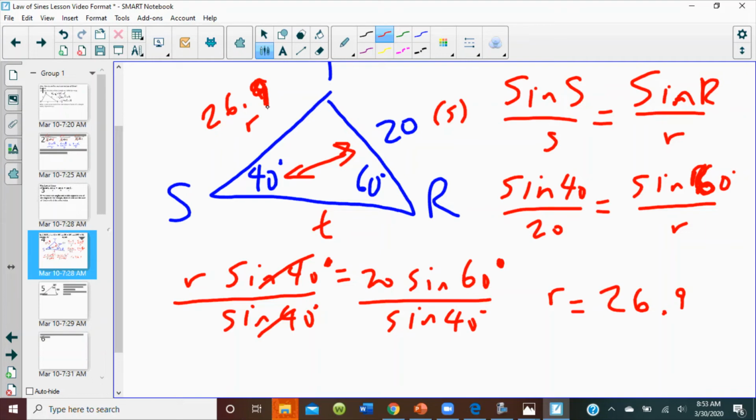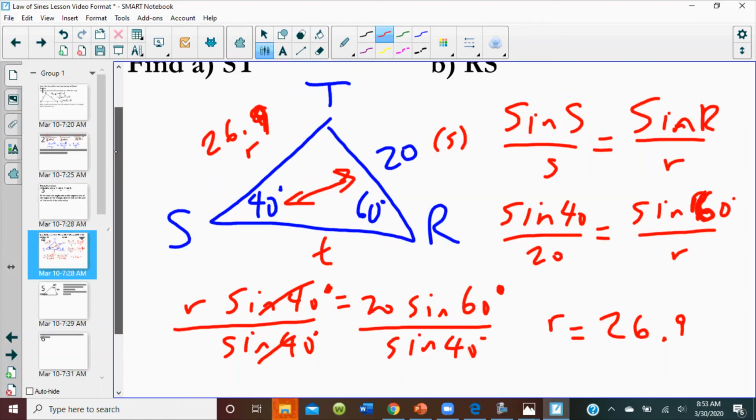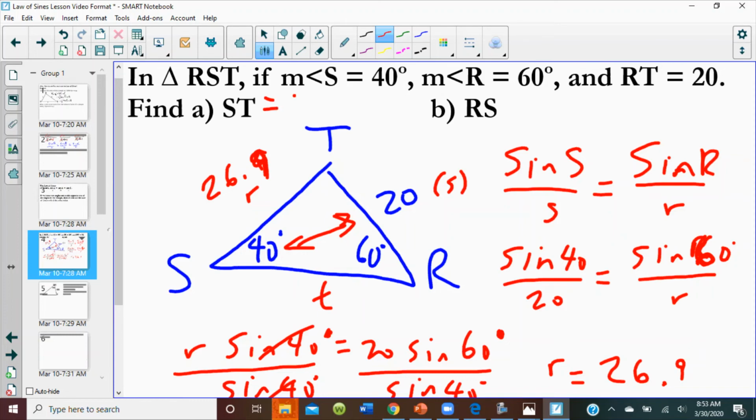So hopefully that makes sense. If you got an answer like 5,000, that would be a little extreme. I don't think that's going to happen, because that's too big. All right, so let's put 26.9 into our space here.